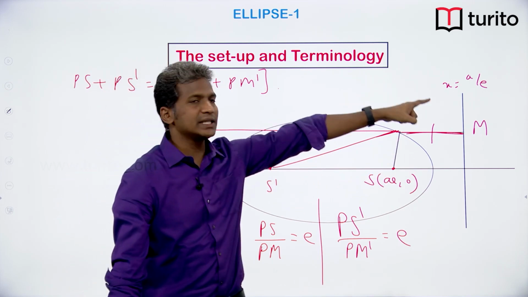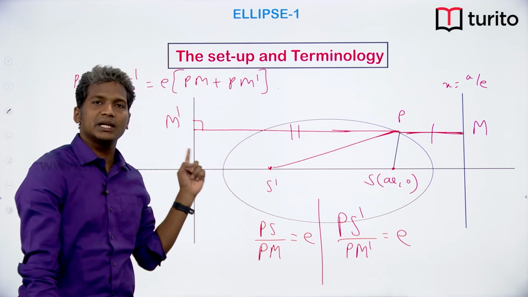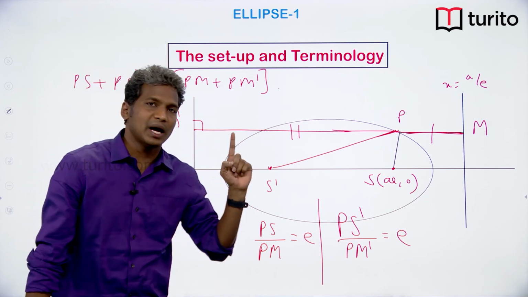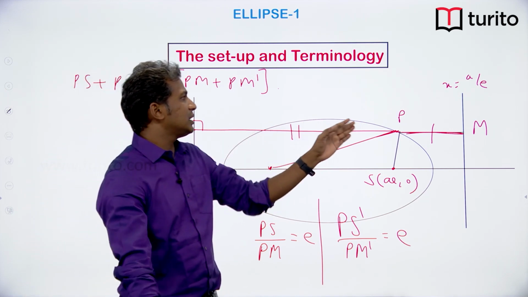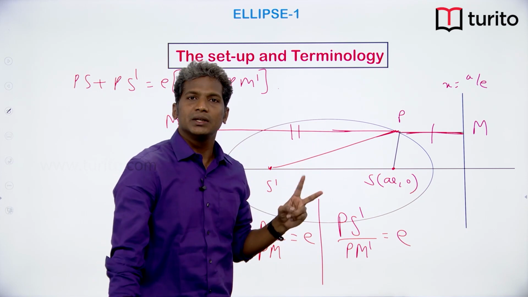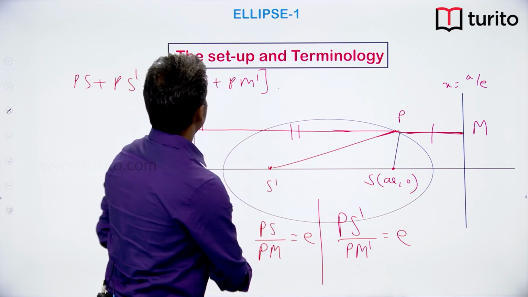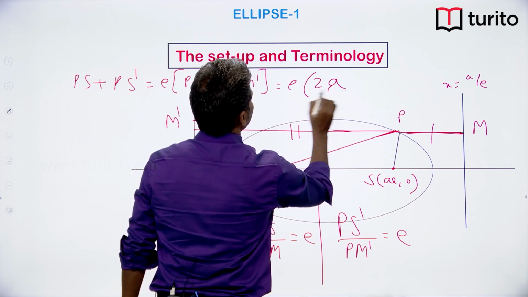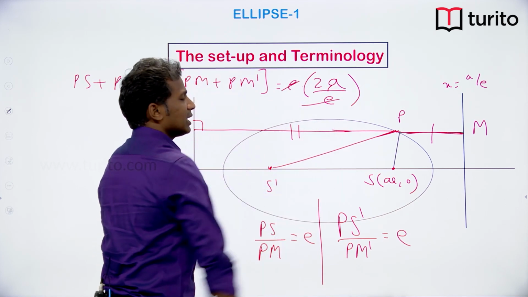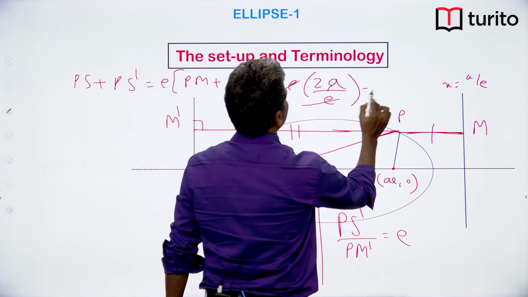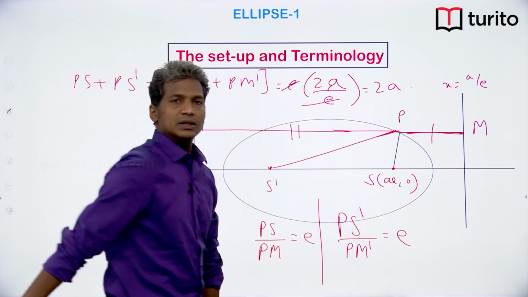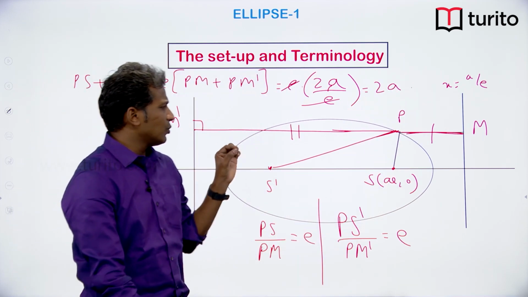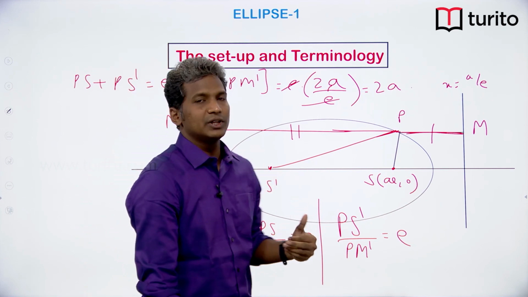One is at x equal to A by E, the other is at x equal to minus A by E. Now what is the distance between these two lines? 2A by E. So we can write this as E into 2A by E. E gets cancelled, and what do we get here? We get 2A.